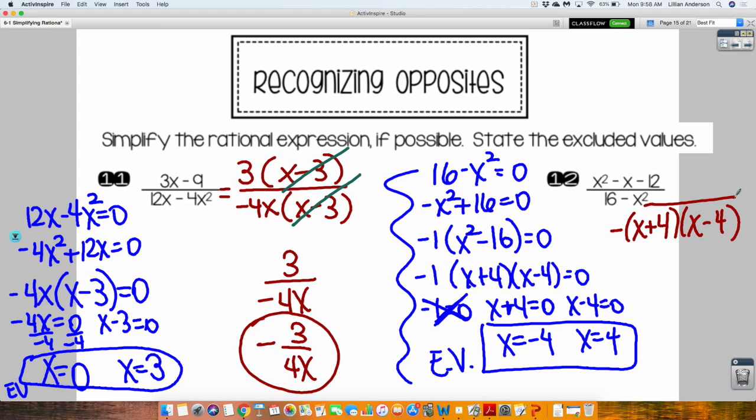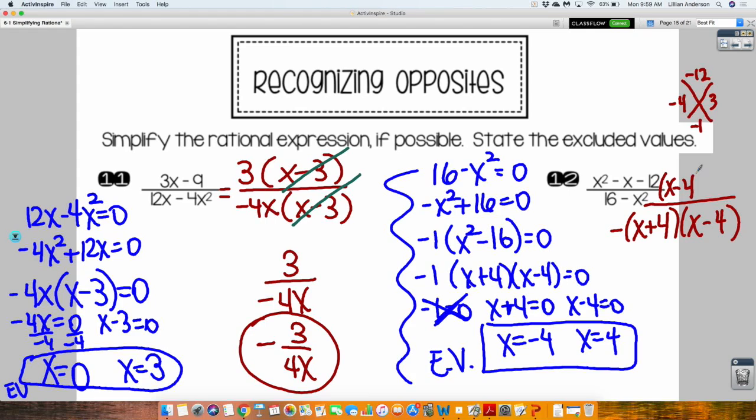How does the top factor? What are my two numbers that multiply to give me negative 12 that add together to give me negative 1? Negative 4, positive 3.